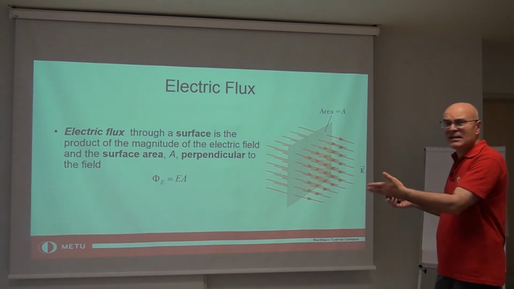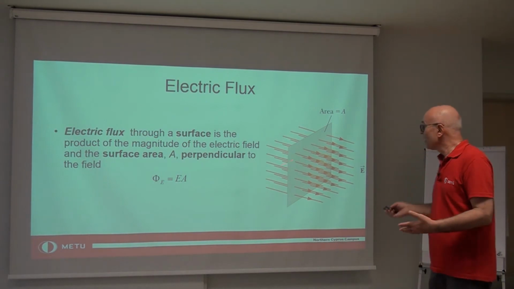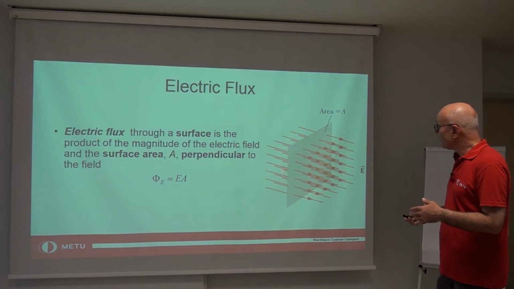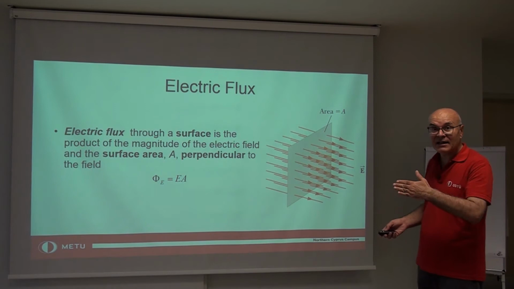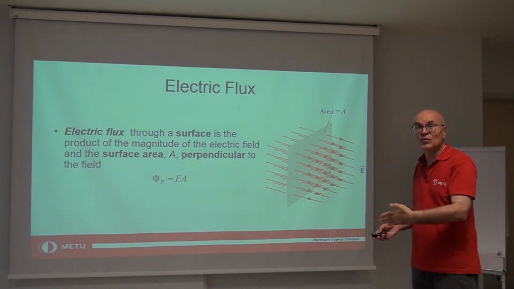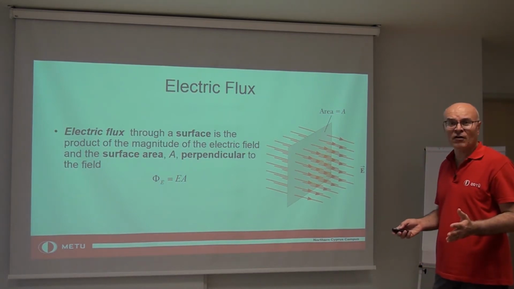In this case, it is the same everywhere because the field is uniform, but generally the field might not be uniform. So the flux is in general the product of the magnitude of the electric field at the surface multiplied by the area in a plane perpendicular to the field lines. This is the definition of the flux.